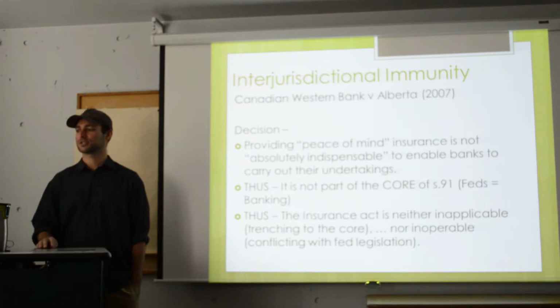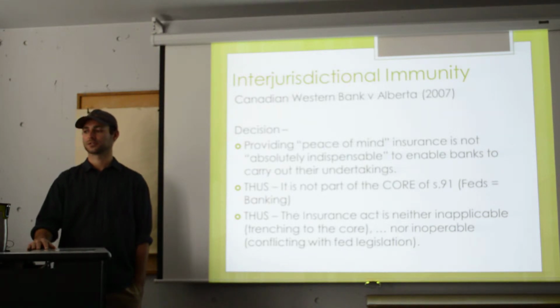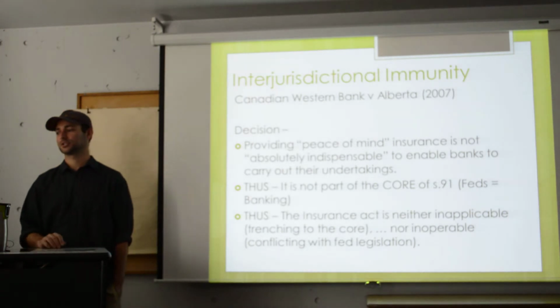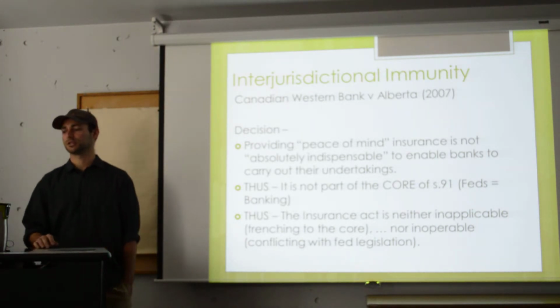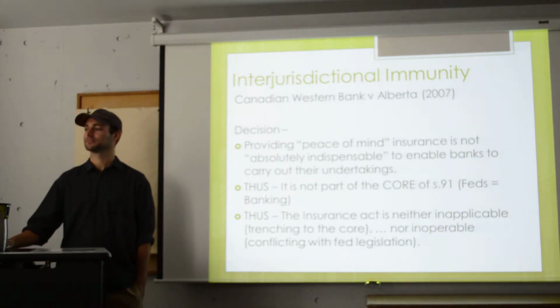So the decision in this case: providing peace of mind insurance is not absolutely indispensable to enable banks to carry out their undertakings. Thus, it's not part of the core of Section 91, and thus the Insurance Act is neither inapplicable nor inoperative.